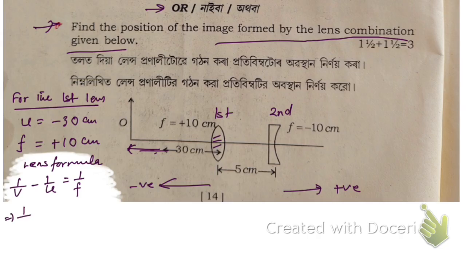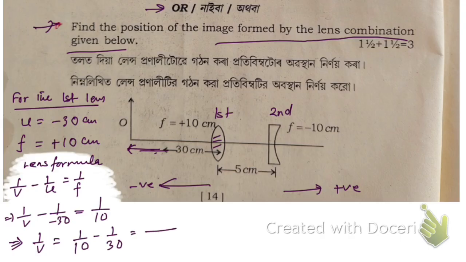So 1 by v is unknown, 1 by u is minus 30, and that is equal to 1 by f, which is 10. Here you see this minus plus, right? When you shift this term to the other side, it becomes negative again. So 1 by v equals 1 by 10 minus 1 by 30.